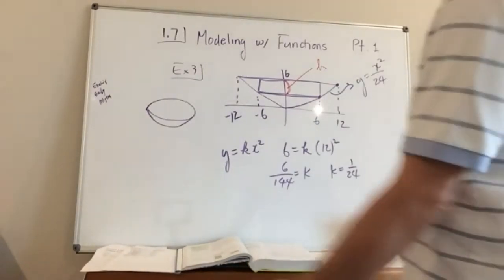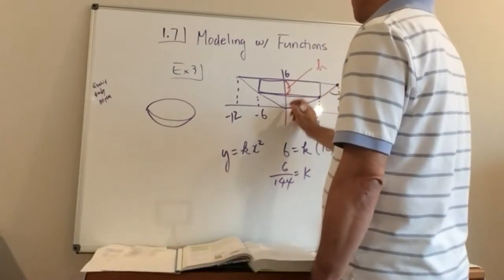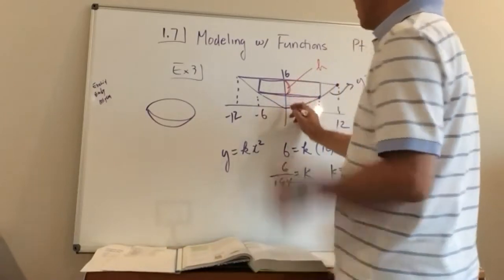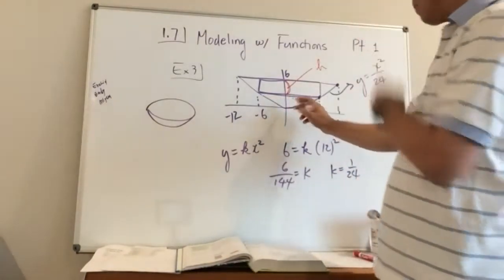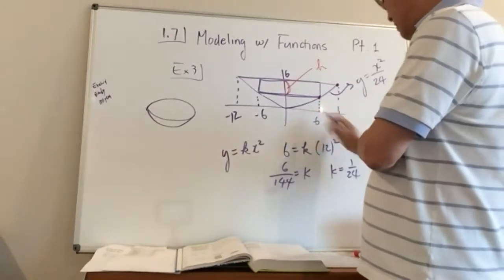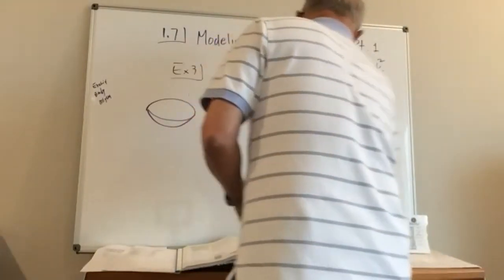Okay, so all I need to do is find this guy, right, then I can find this guy, right? So to find this guy here, I would put in x equal to 6. Because when x equals 6, I can find out what the y is.